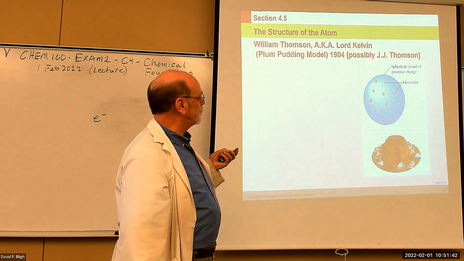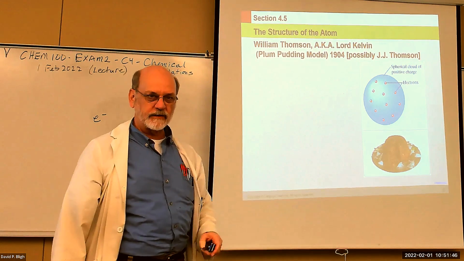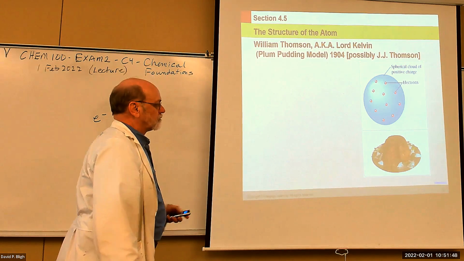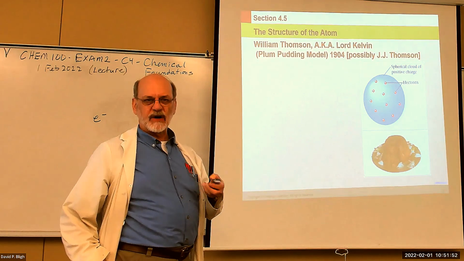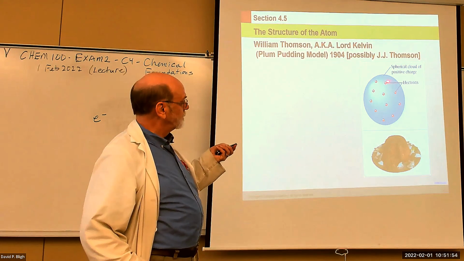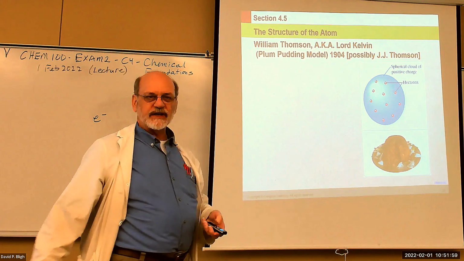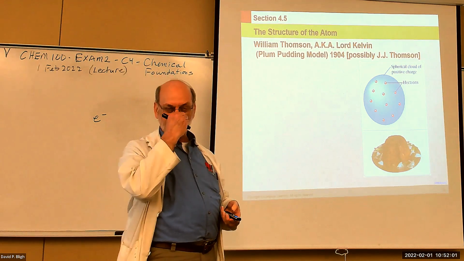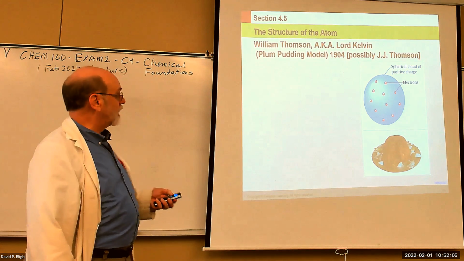But it's very likely that Thomson proposed it originally and Kelvin just picked it up and ran with it. But his proposal said that this is often called the plum pudding model because these are the particles of plum and this is the pudding. And the pudding is positive and the plums are negative. So that would balance the charges. And that's why it was given that name.